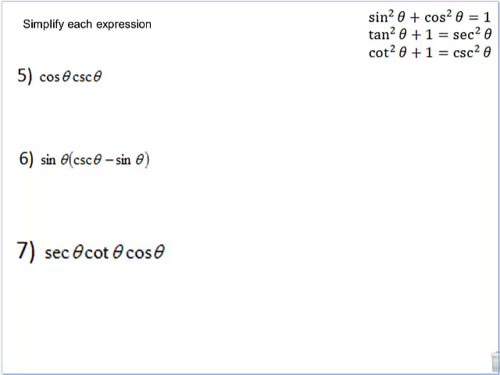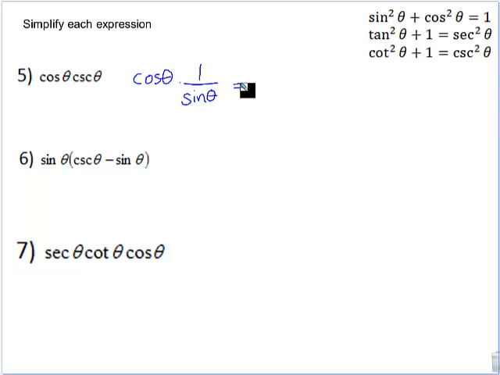So cosine of theta times cosecant of theta. Cosine is already a cosine. So cosecant, what's that the same as? The reciprocal of sine. So we can change this to say cosine of theta times 1 over sine of theta. You just change it with what it's equal to for its identity. If we write this as one fraction now, what would we have?